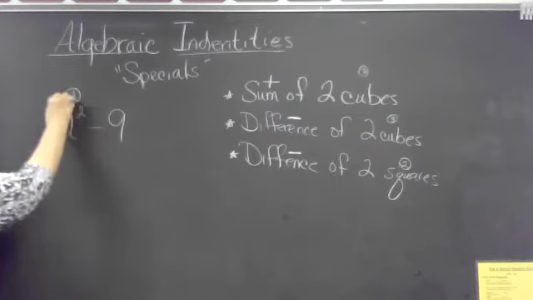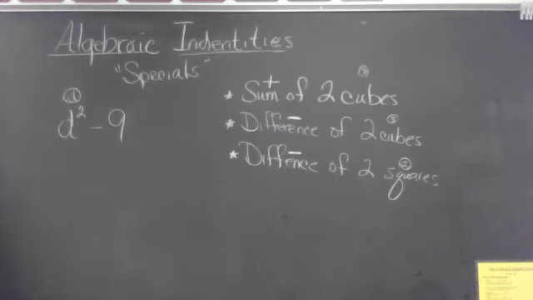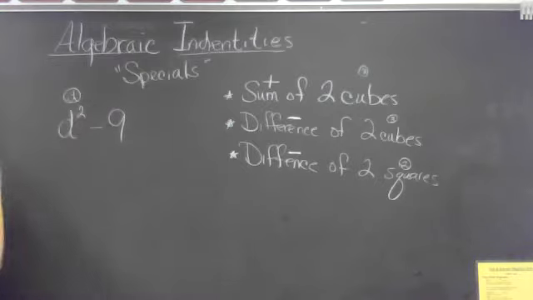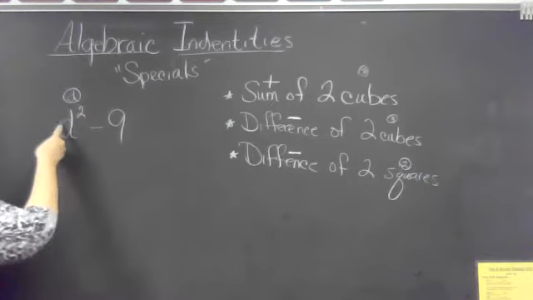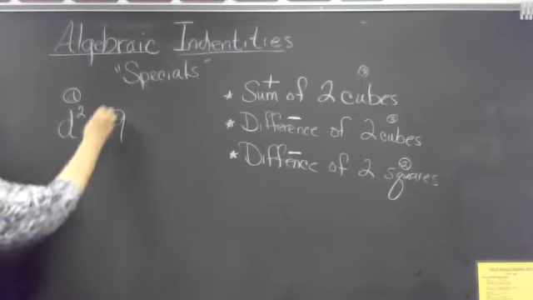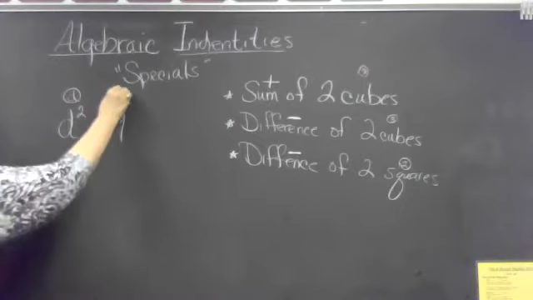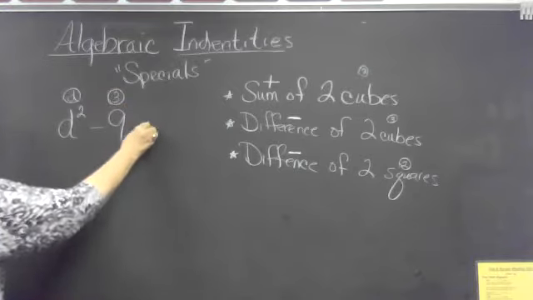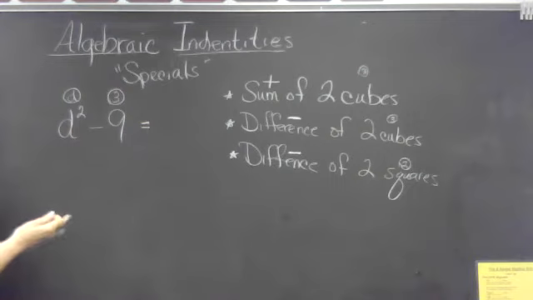I highly suggest you actually write the square root up there, and the reason is you will be using these circled answers in your factoring, okay? So you look here and say, yeah, I can find the square root of this. And then you look here and say, oh, yeah, I can find the square root of that. It's 3.